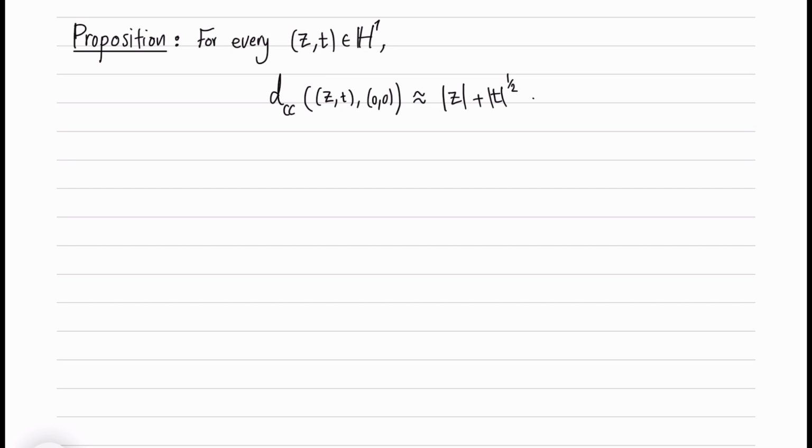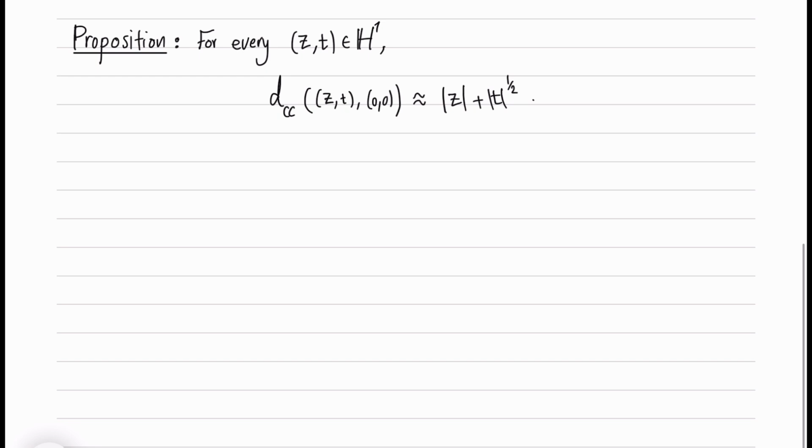So we want to start with this estimate and end up finding a norm, and then from that norm a distance that ends up being equivalent to DCC. A simple observation from calculus is that, up to the constant square root of 2, and if that doesn't work, up to the constant 2, if you give me two non-negative real numbers, it's comparable to squaring them and then taking the root.